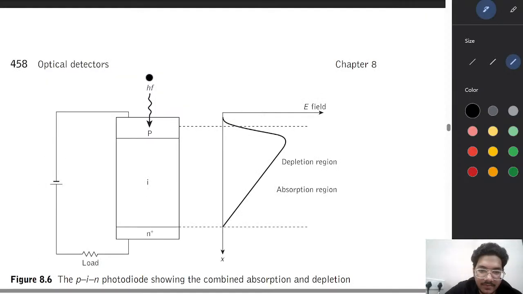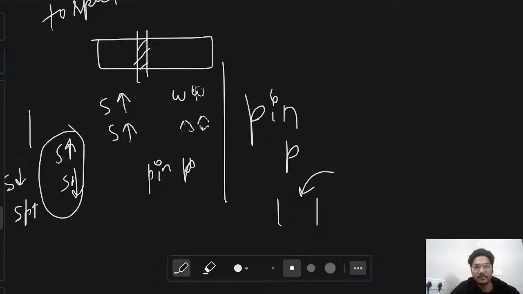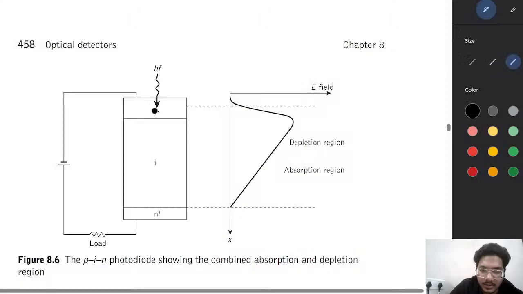Here is the diagram for the PIN diode. The PIN photodiode is an improved version of the PN diode, designed to achieve a wider depletion region, higher quantum efficiency, higher speed, and better performance at long wavelengths.